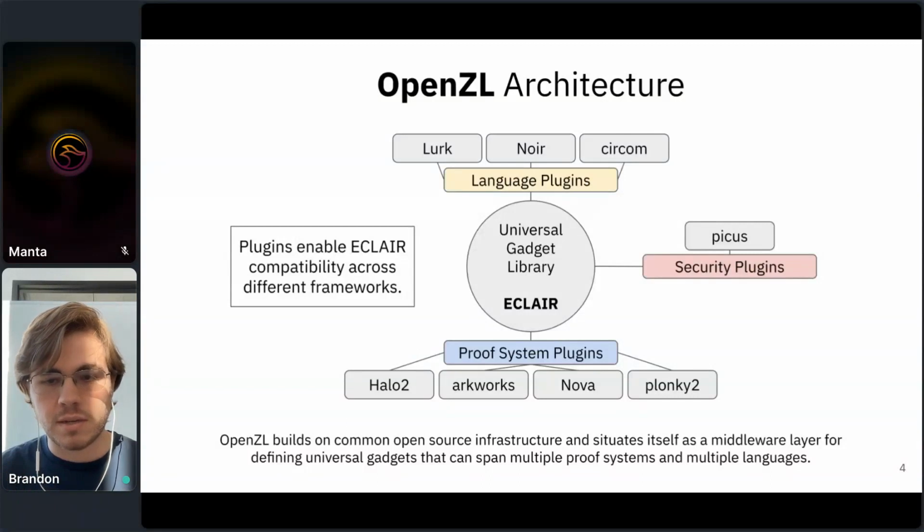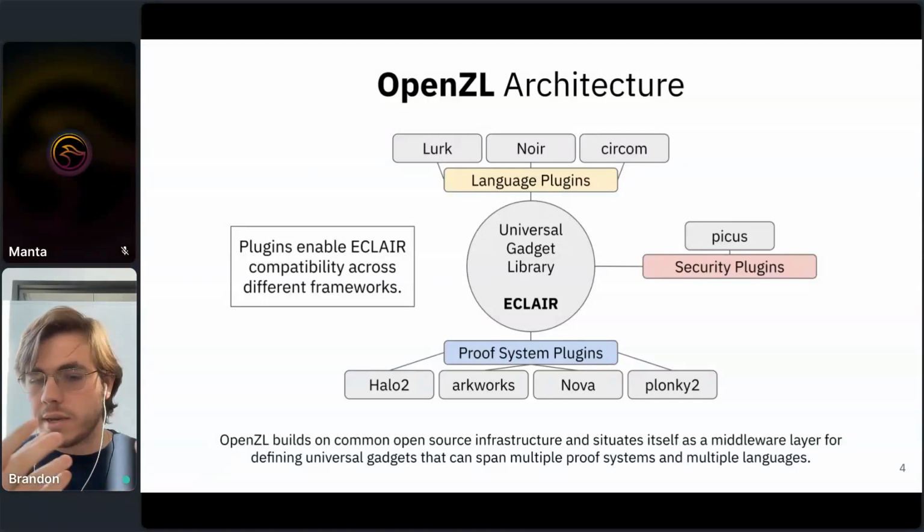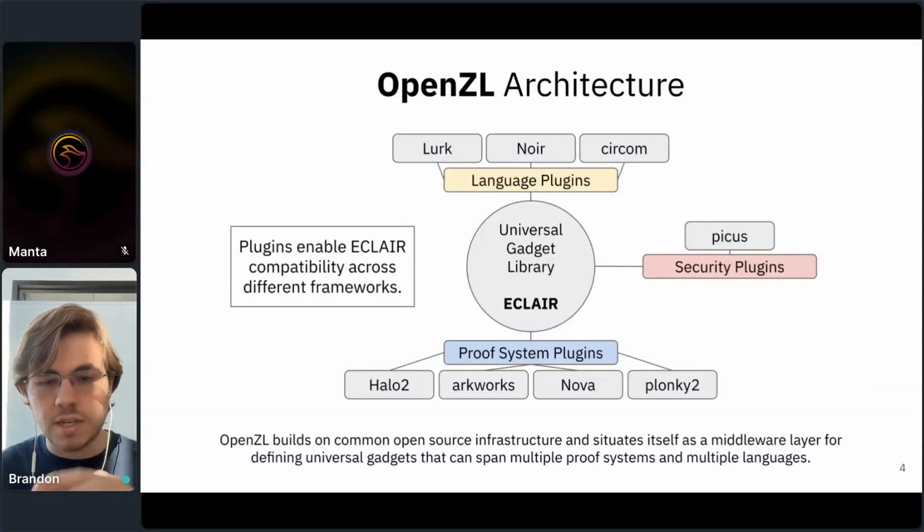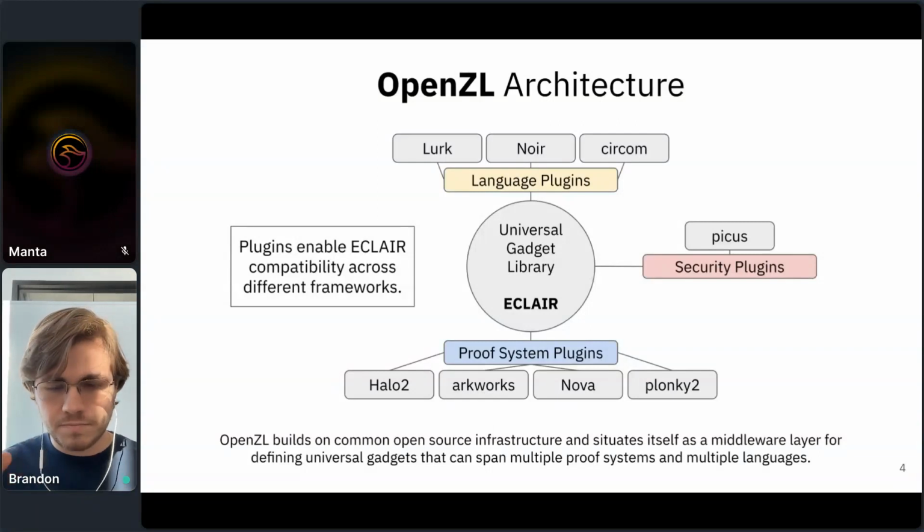Making sure that code auditing solutions like those developed at Veridise can be directly injected into your development pipeline and support the circuits you're already building, independent of whether you're using different proof systems or different languages. So ECLAIR tries to fit right in the middle there and allow us to bring together all the different parts of the ecosystem.